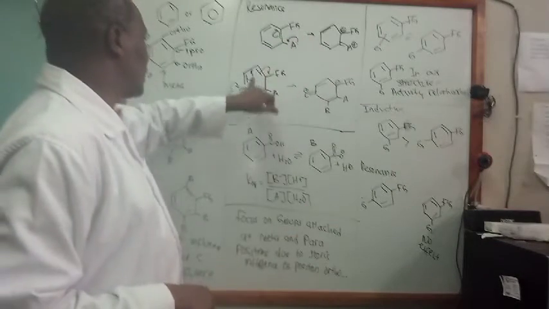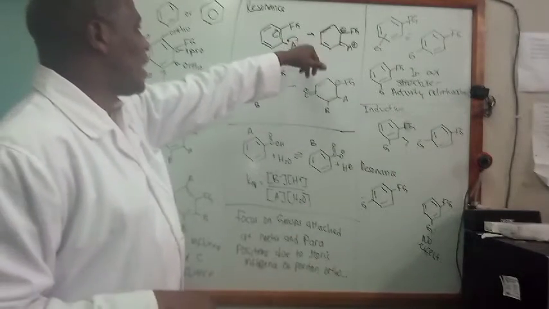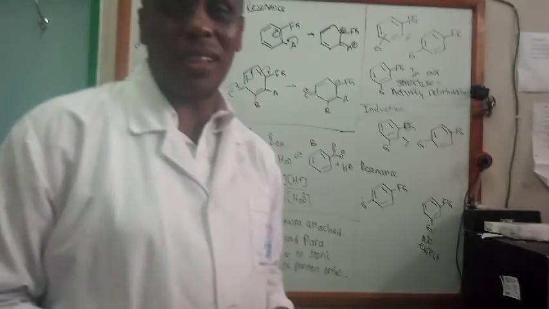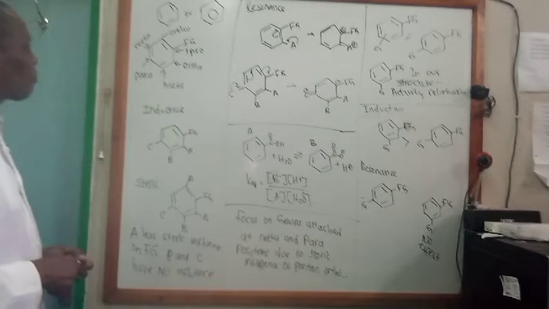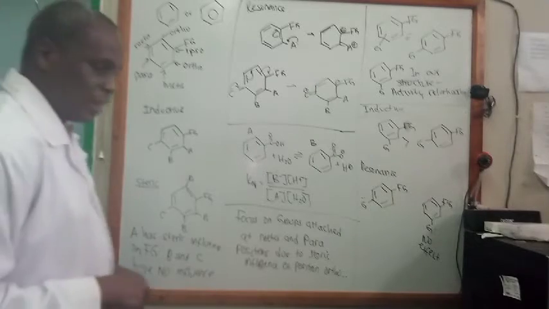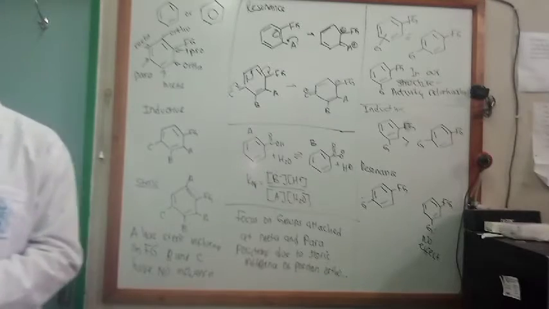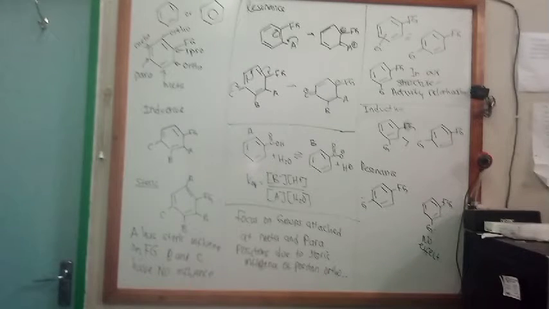So in this case, there are atoms here which are labeled here, but let me mention something about the benzene. Let me see whether I can get a red pen.